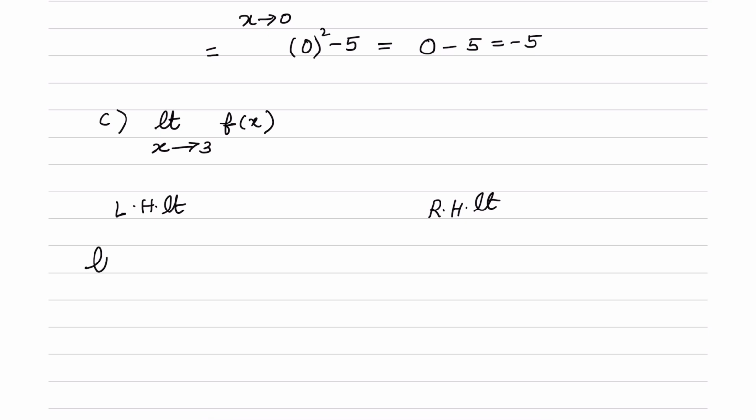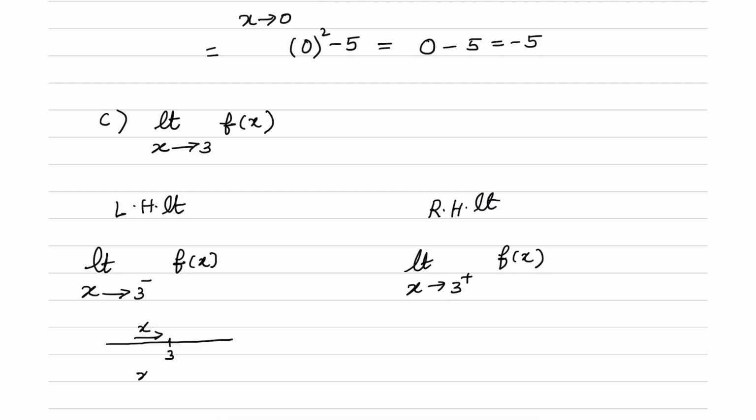For the left hand limit, you find the limit when x is approaching 3 from the left, and for the right hand limit you find the limit when x is approaching 3 from the right of 3. Now this left hand limit part, when x is approaching 3 from the left of 3.